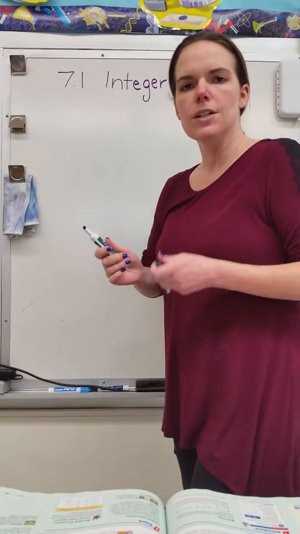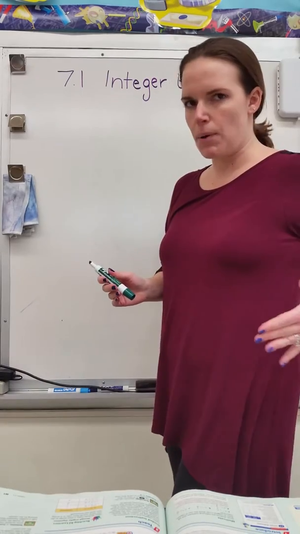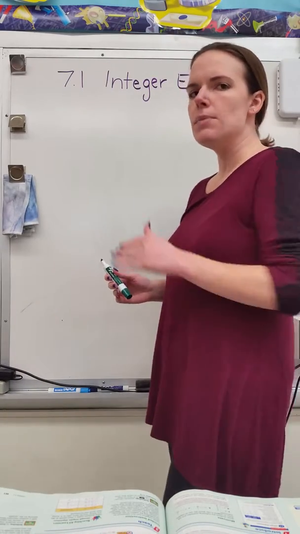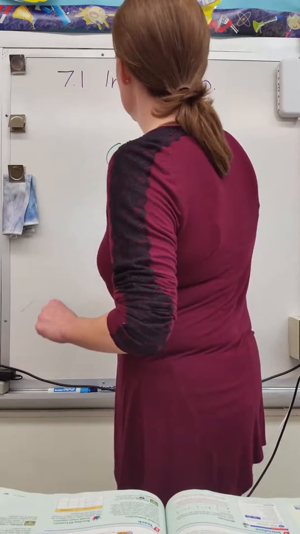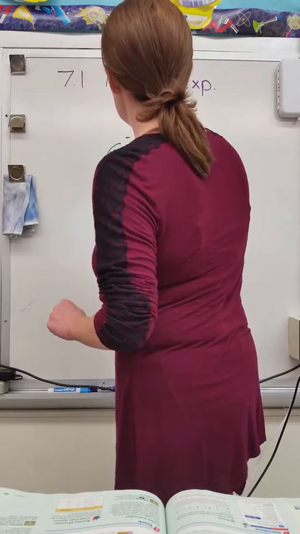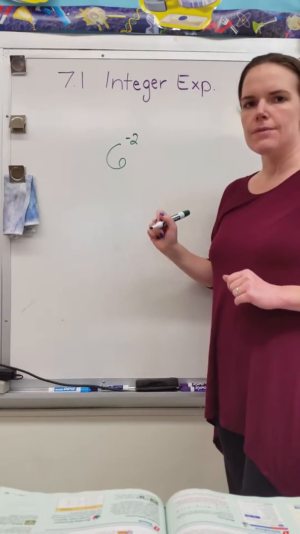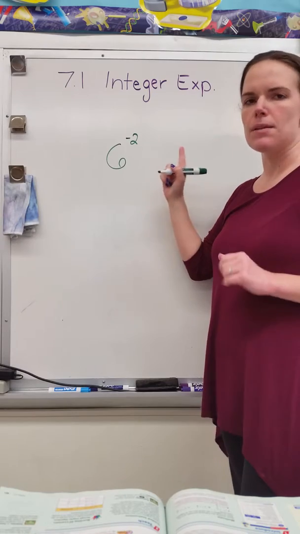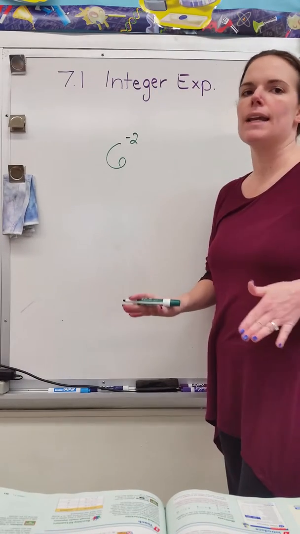The next thing they're going to show you is when you have negative exponents. You have to be really careful. When I have 6 to the -2nd power, that has nothing to do with the answer being negative.